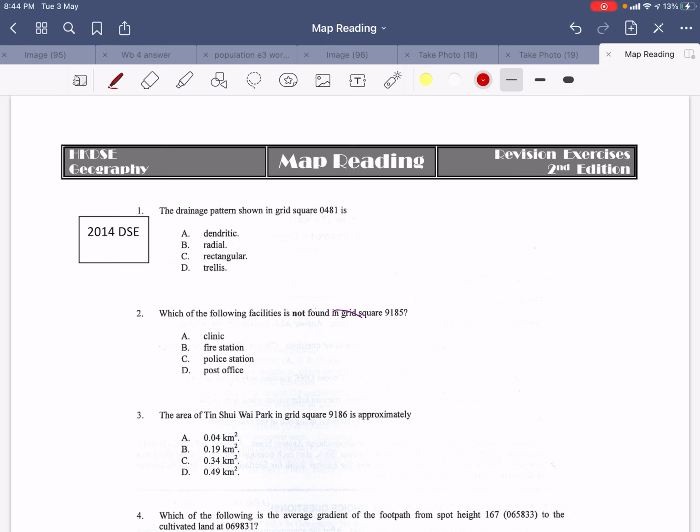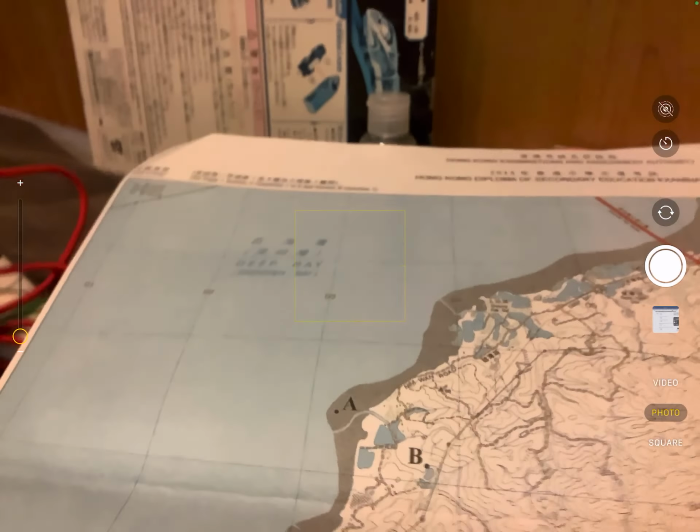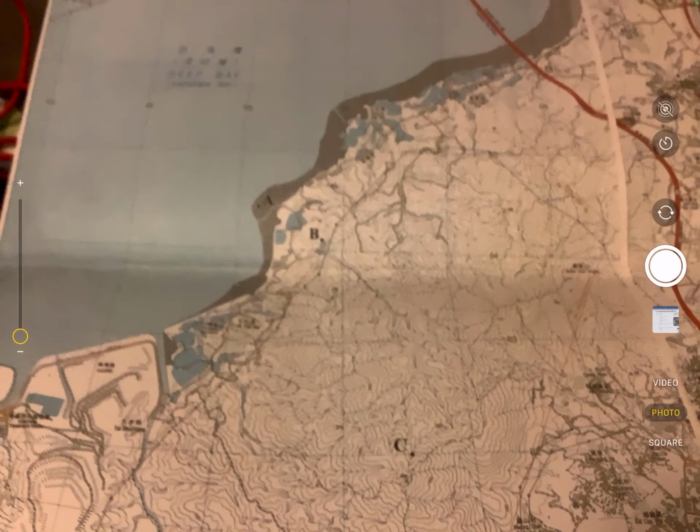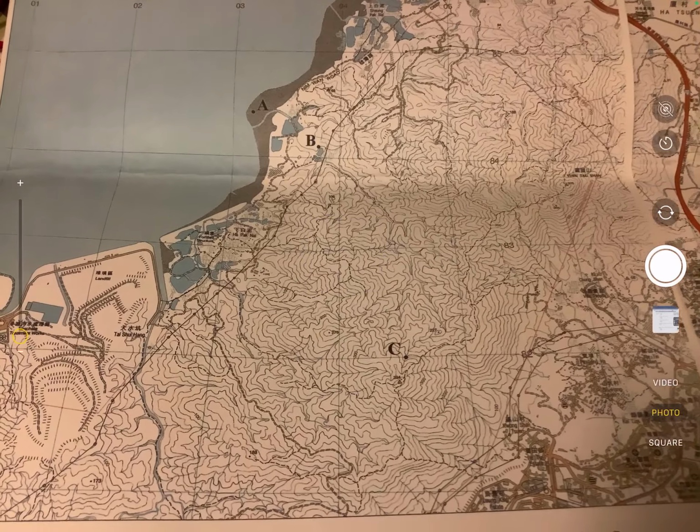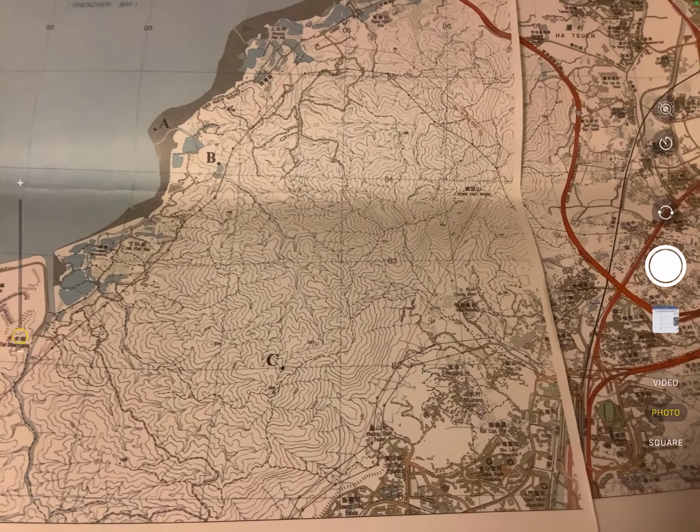Okay, and which of the following cannot be found in the 91H5? Let's see, 91H5. And then again, right here, line 1. Where's line 1?